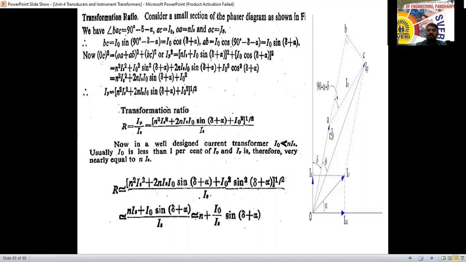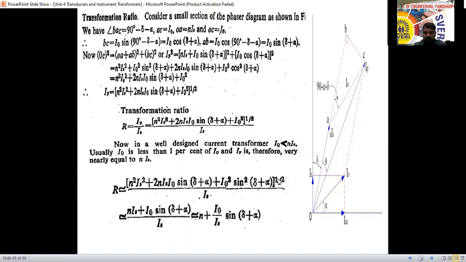We are going to use that here now. So again, we consider the same equation as the previous one: N square IS square plus 2NS I0 sine (delta plus alpha) plus I0 square, to the power 1 by 2. By doing this, we are going to neglect the small term here.